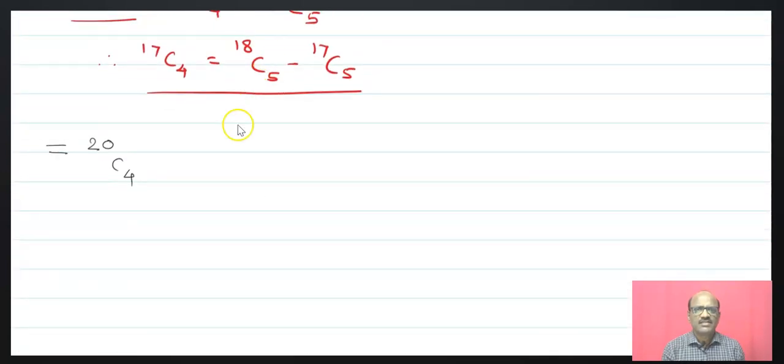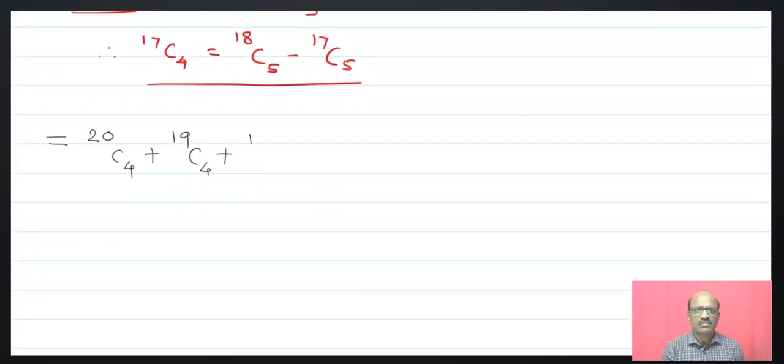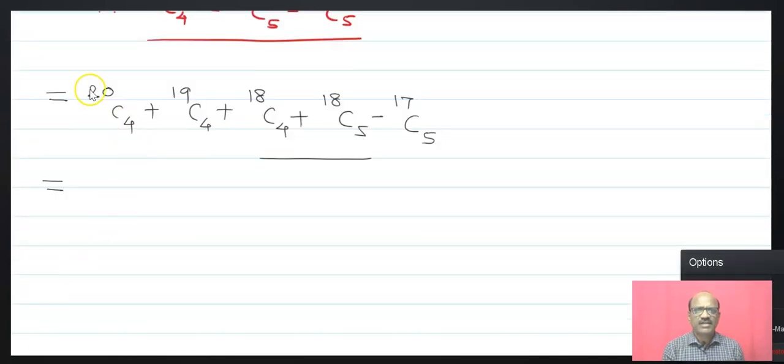Therefore, we take the terms from above. We get 20C4 plus 19C4 plus 18C4 plus 18C5 minus 17C5.